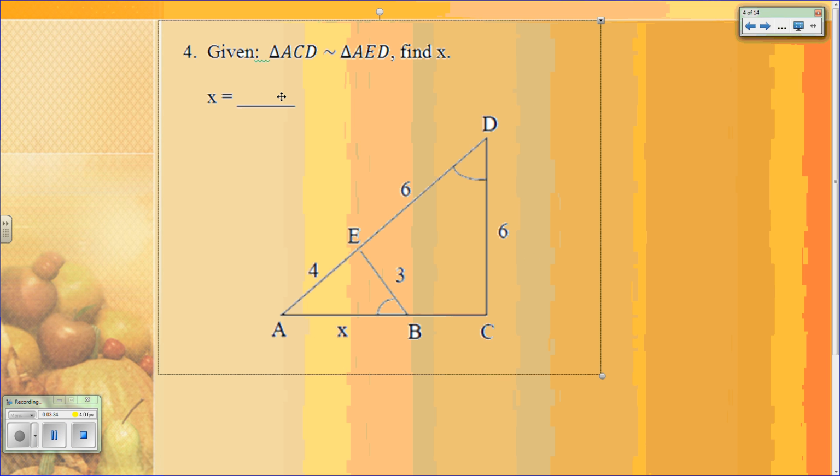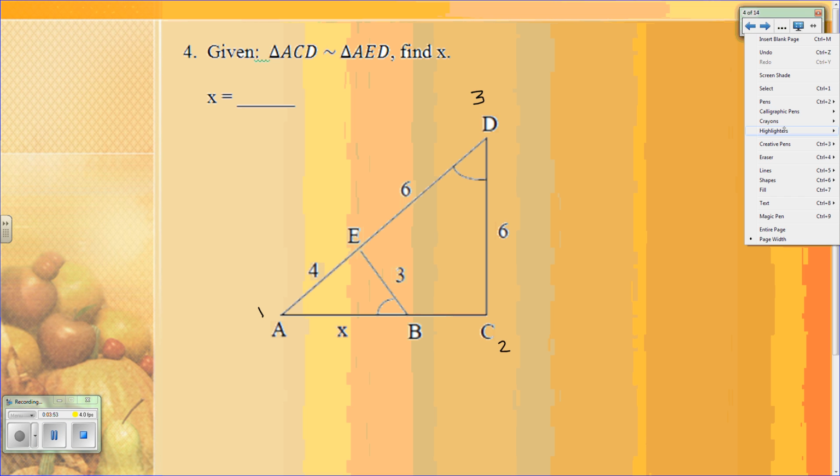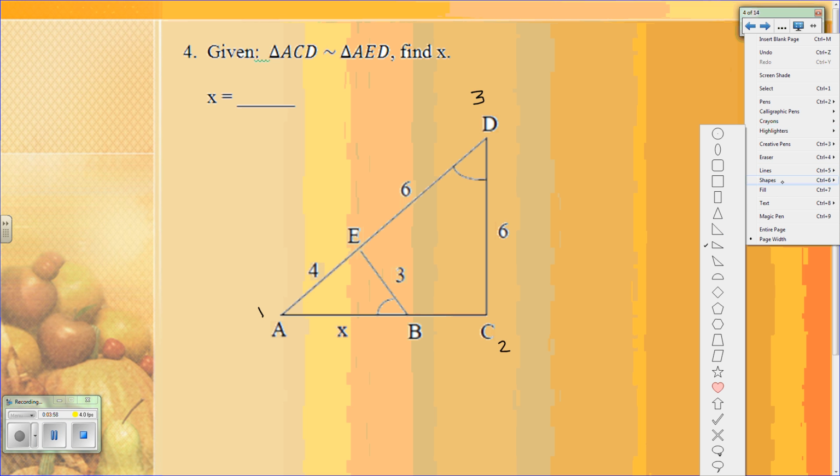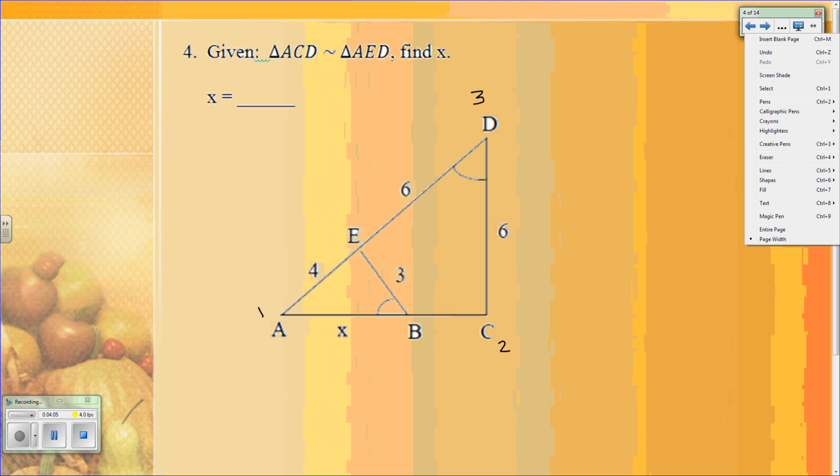All right, given that ACD, so A, this is 1, 2, 3, and notice these are all flipped around again, so I'm just going to redraw the triangles again, because to me, when they're flipped around, it just makes it way more difficult to try to draw a triangle. So let's go to shapes.